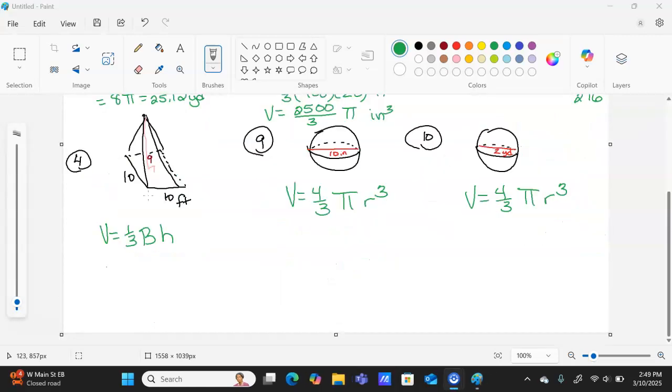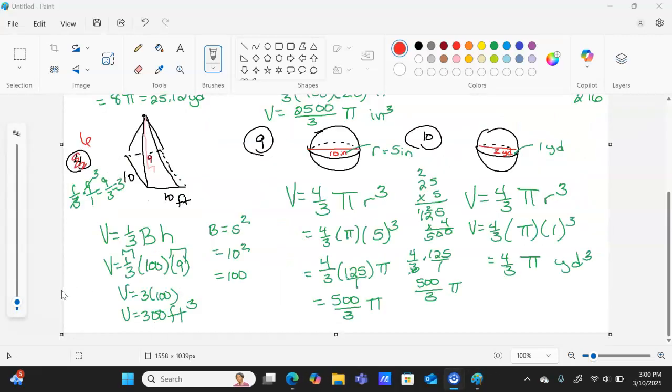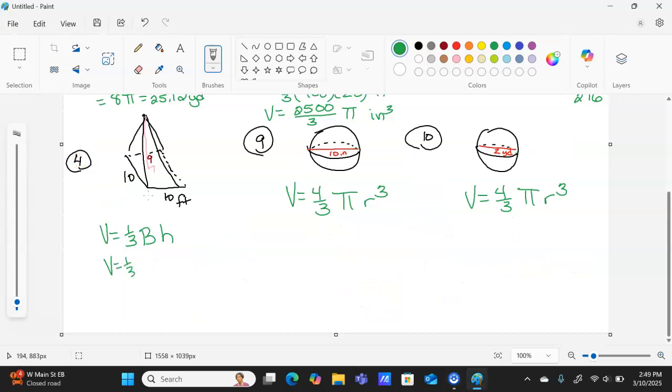So moving on to number 4. And it's not number 4, it's number 6. Again, I had them numbered wrong. Same setup, 1/3. The area of the base that's a square. 10 squared is 100. Do we have the same base or did I draw the thing wrong? Nope, I didn't. So 100 and a height of 9.